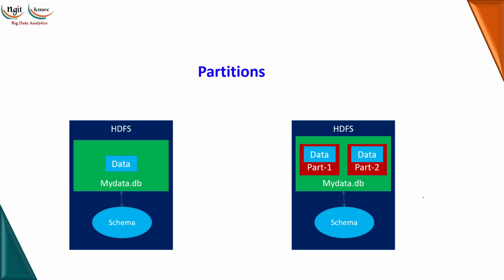Now, in general, if you create a schema, it will create one database. Inside the database, it will create a folder for the table, and inside the table there will be the data files. If you create the partitions for the same table, it creates, for example, two partitions, part one and part two.